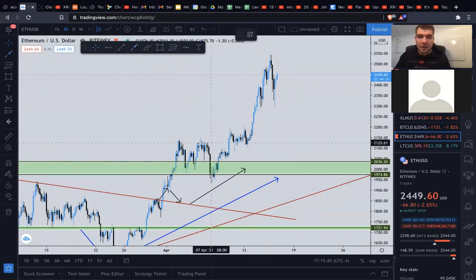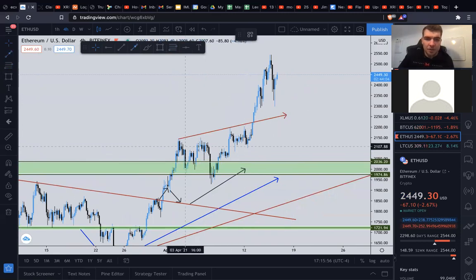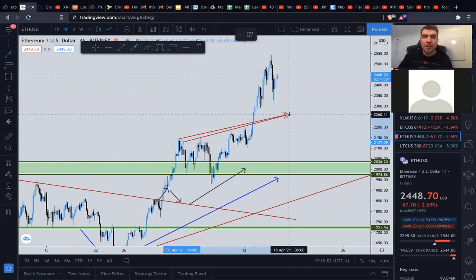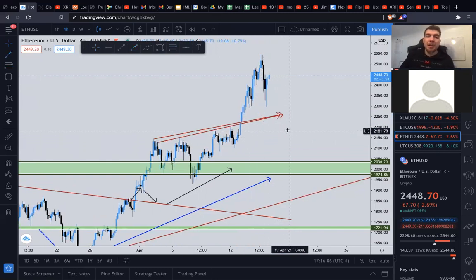And what I did was I dragged this line from, I don't know where I dragged it from. Let me try this one to here. You could also do, I don't know. That would be the most significant one. But basically, when you draw a trend line, guys, you want to get as many touches as possible.